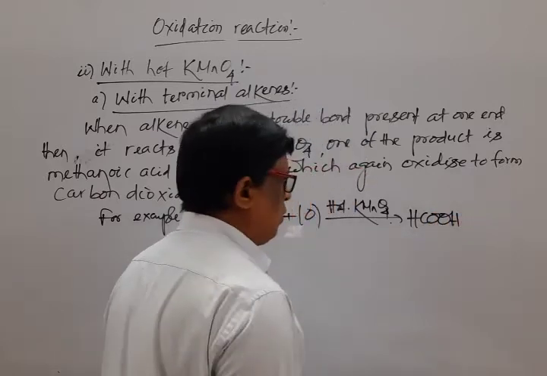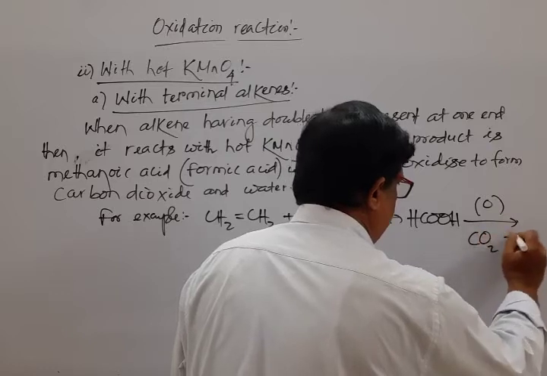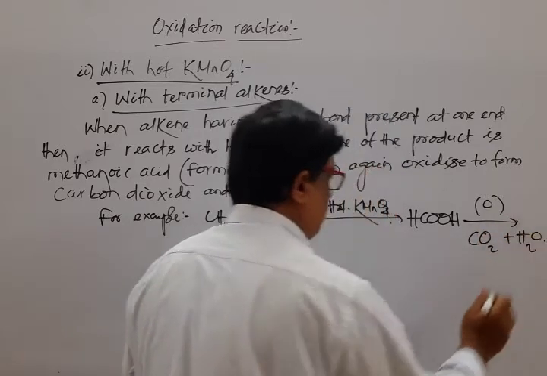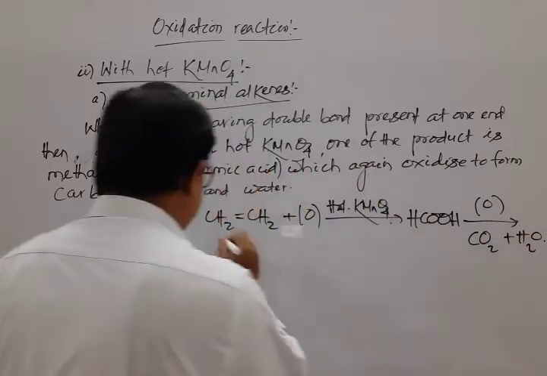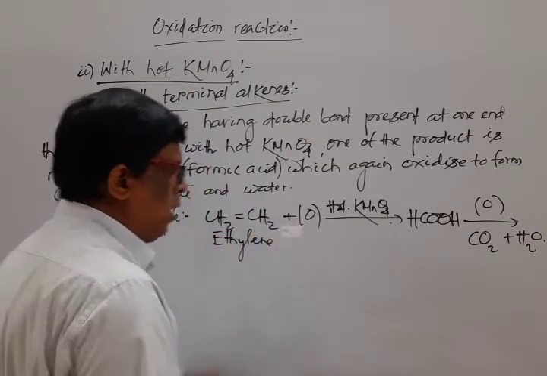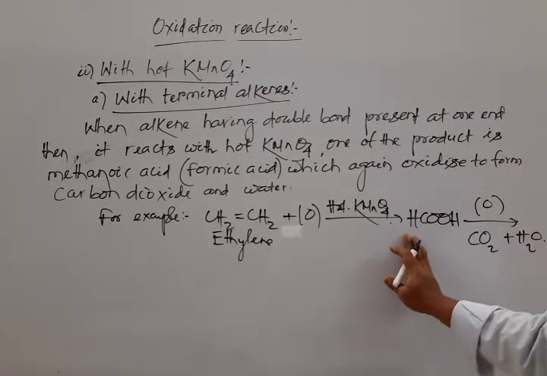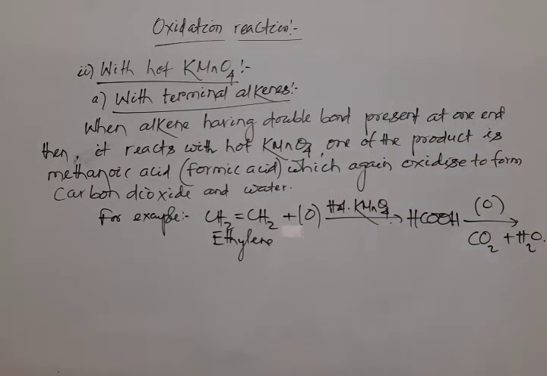HCOOH. Again it oxidizes to form CO2 plus H2O. Its name is ethylene, and the product's common name is formic acid or methanoic acid.